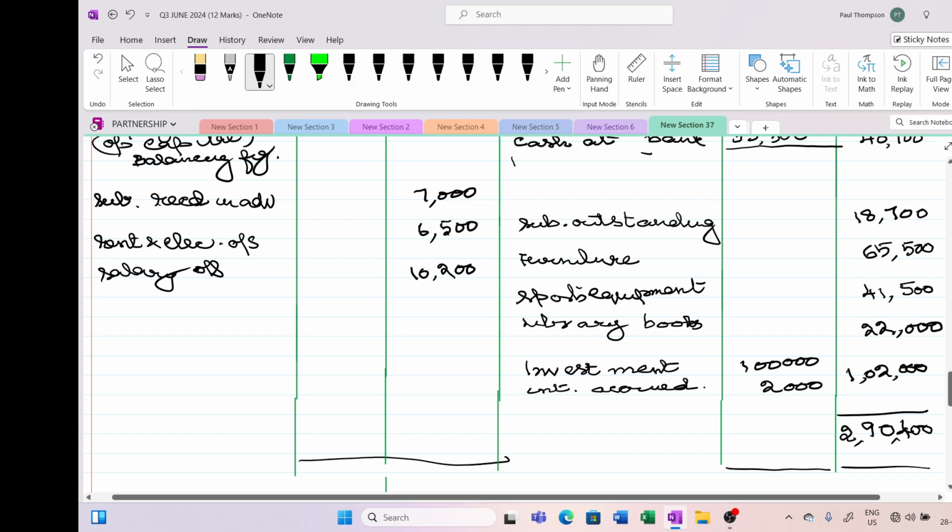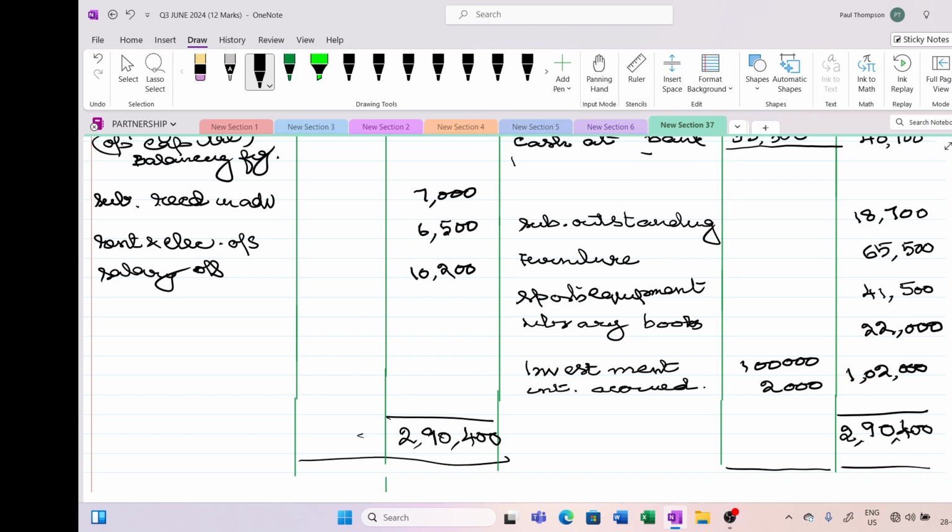So the total comes to 2,90,400. We are going to copy that 2,90,400, and we are going to find out by subtracting this 23,700. 266,700. This is my opening.